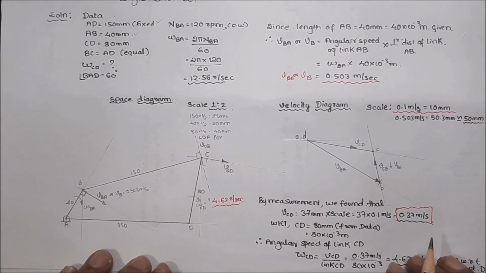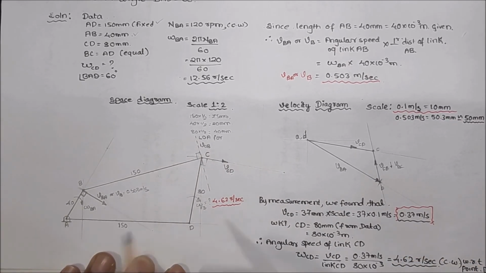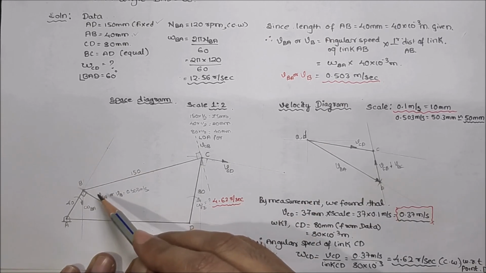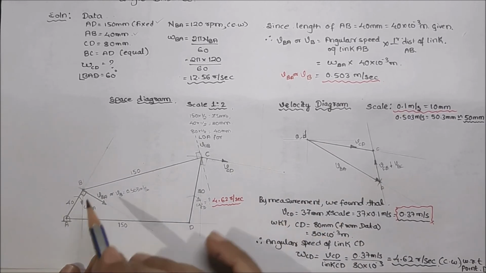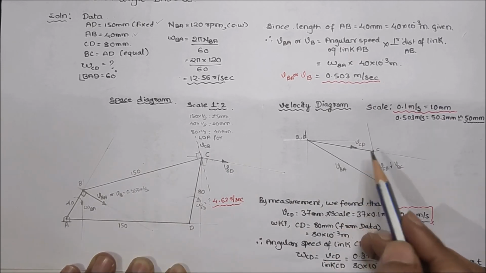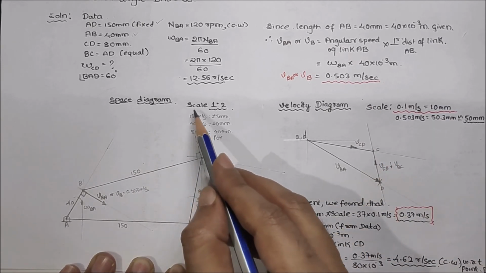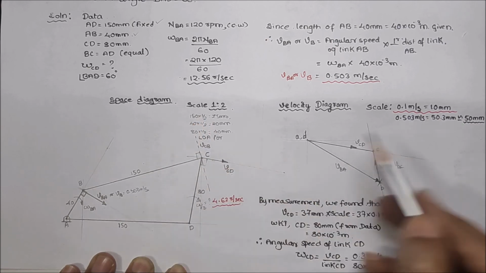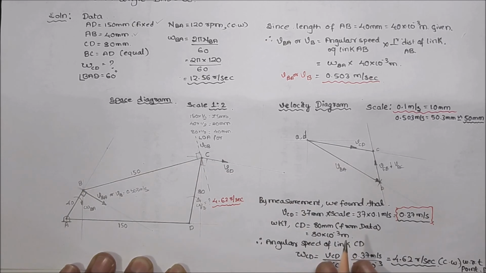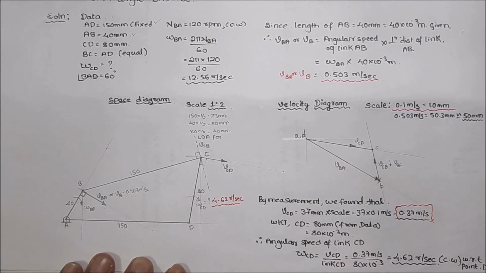So to a strong recap, what you should do is, first you have to find out the velocity at B. Then using those, you have to find out the vectors, that is vector diagram. Important here, there are two scales. One is scale for space diagram, one scale for vector diagram. Both are quite different. So hope you have understood.